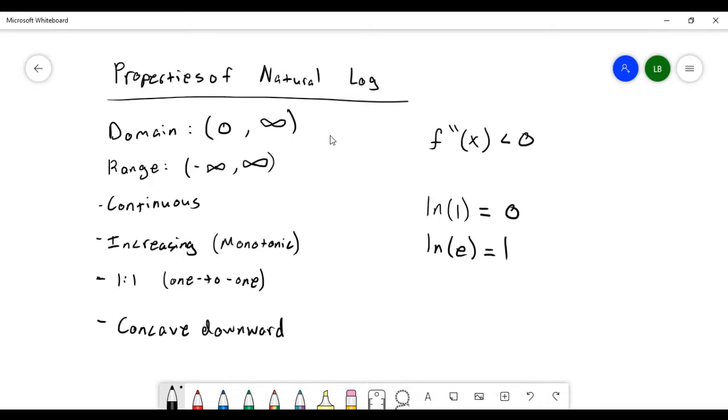Additionally, natural log follows all the log rules. Like the power rule, you can bring coefficients and exponents out front. It follows the product rule for logs, where you split multiplication inside a log into addition outside the log.